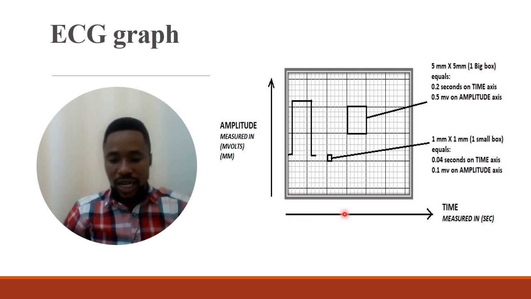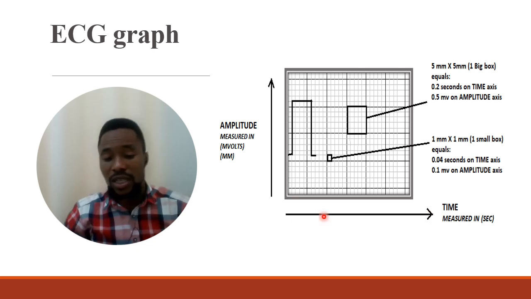Now, the horizontal line serves as x-axis in your physics and the vertical line serves as y-axis. The horizontal line represents duration and the SI unit for that is seconds. In some textbooks, they will say milliseconds. Now it's different. Seconds.